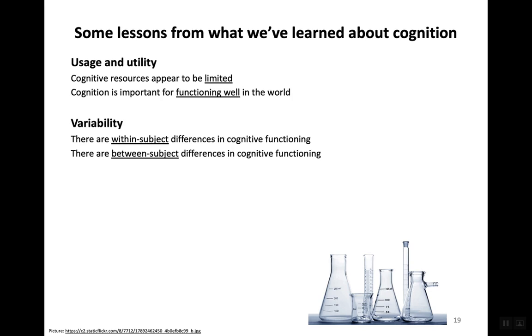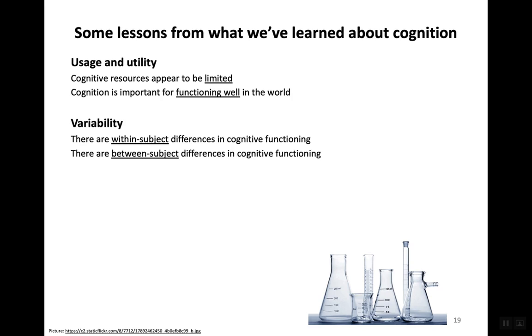Differences that may be explained by time of day or circumstance or motivation and so on and so forth. Equally important and pervasive are between subject differences in cognitive functioning. Perhaps you are better than me at reasoning in the early morning, but perhaps I may be better than you at face recognition.